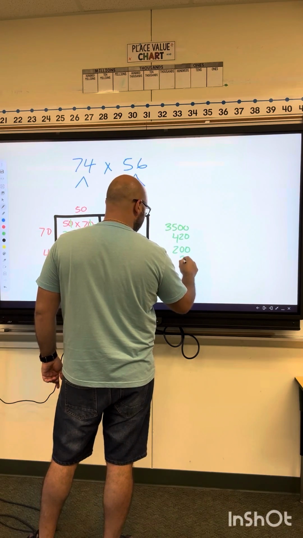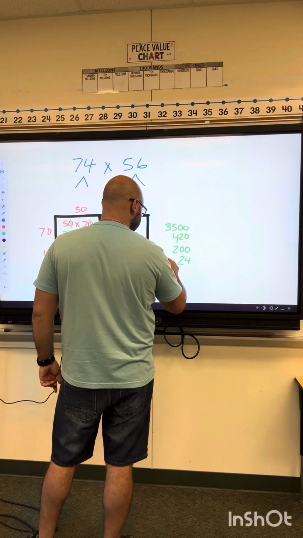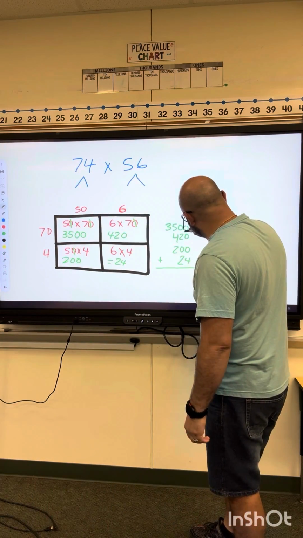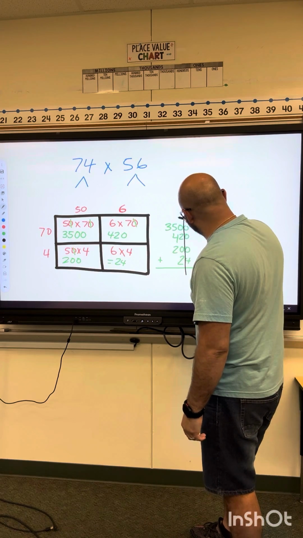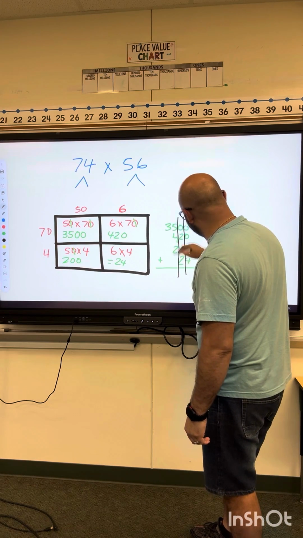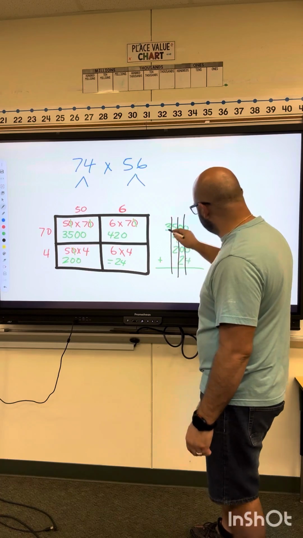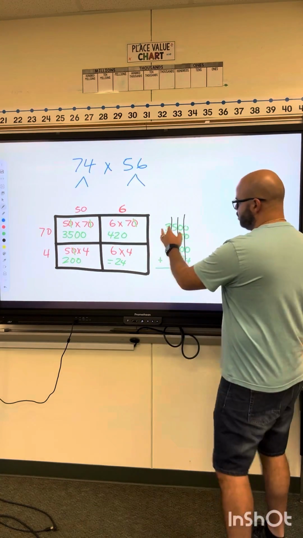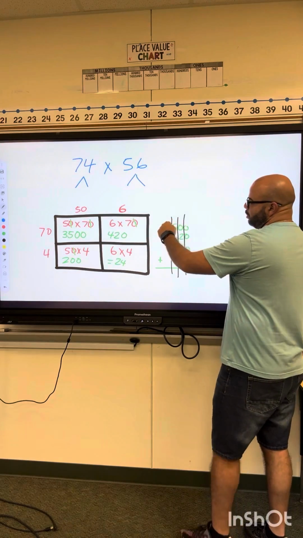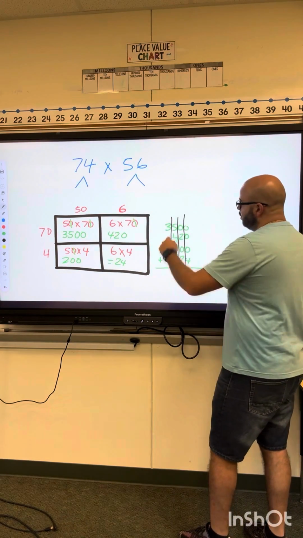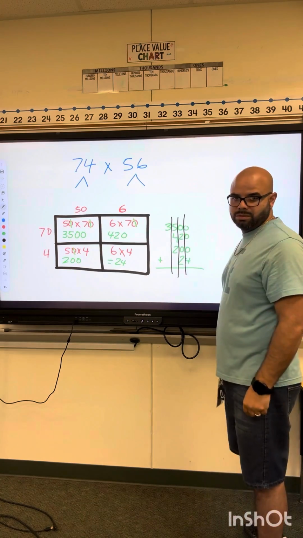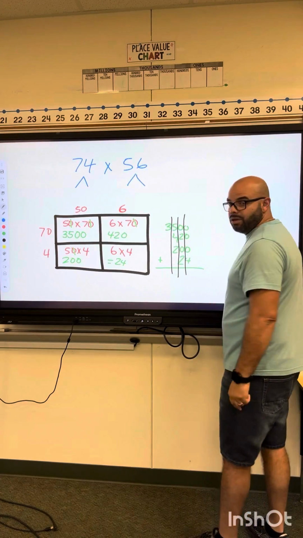Again, keeping in mind, and I always tell them this too, always try to line up your numbers as best as you can, one on top of the other, okay? Make sure that you put those numbers in the place value where they belong, right? This is 3,500, so that 3 needs to be in the thousands place, 5 in the hundreds, and then the 0 in the tens, and the 0 in the ones. Same thing with the 420 here.